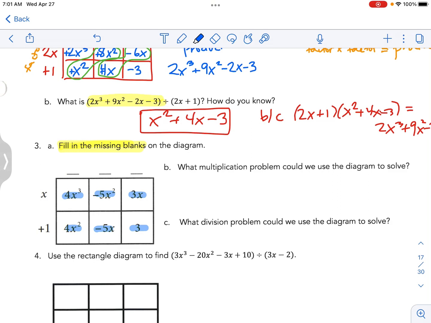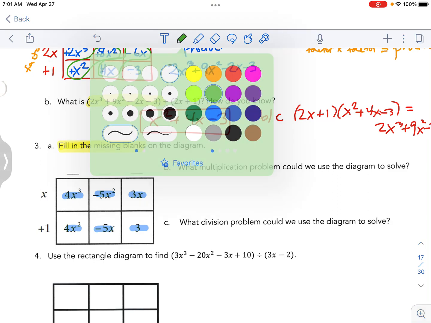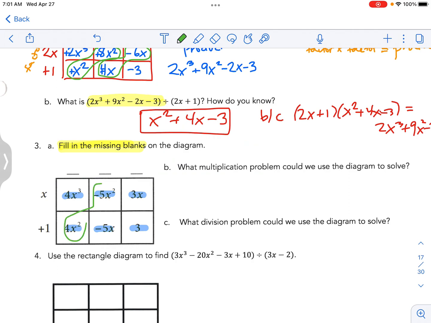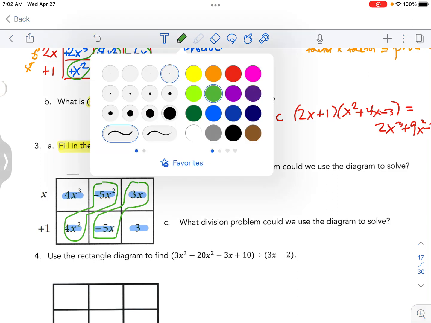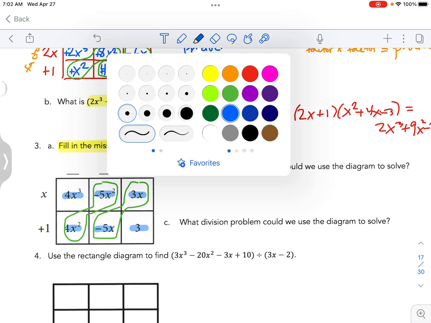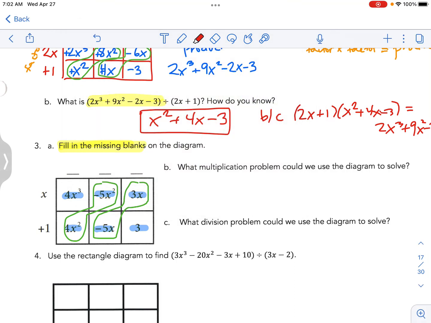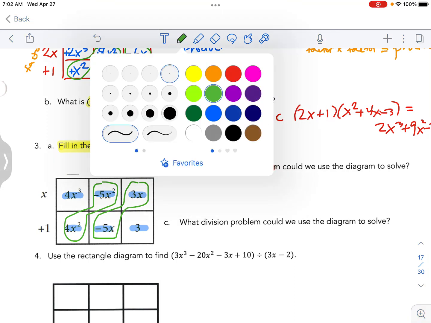And if we notice we have like terms, we're going to combine these like terms, and we're going to combine these like terms. This is why we call it fill in the blank. We're trying to find that missing factor, right? Because we are trying to solve a multiplication problem. So we need to find the missing factor.